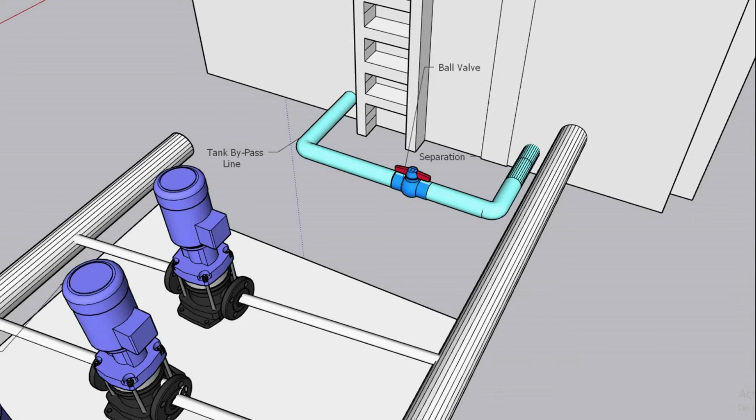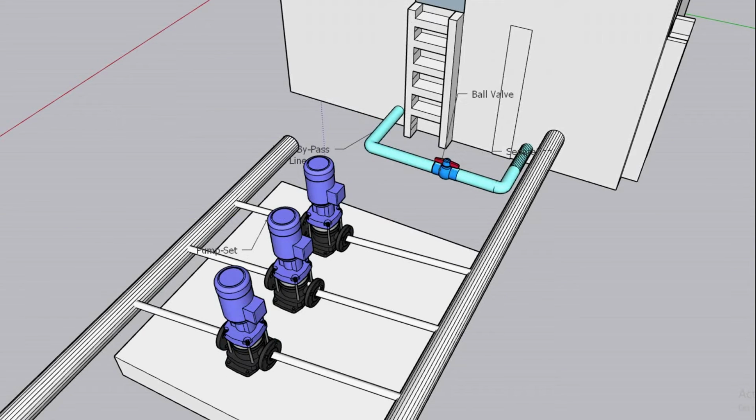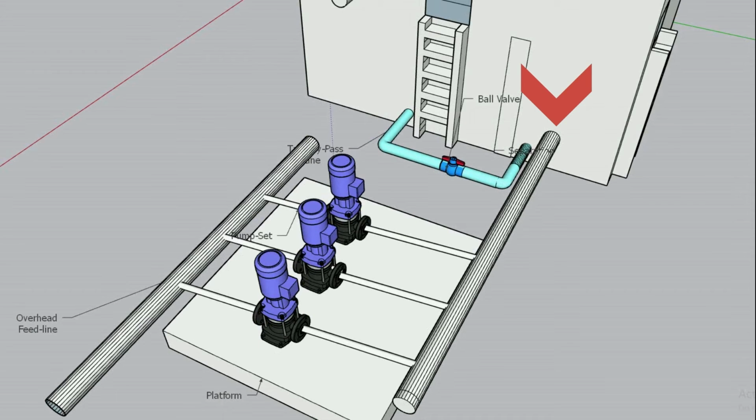And when we need to clean the domestic water line, we just close this line and let the water be consumed by the people living in the apartments. And once we reach just above the transfer pump level, we switch off the pumps and we start cleaning.